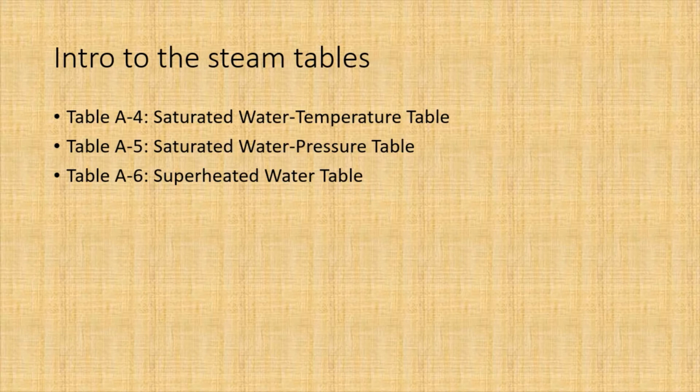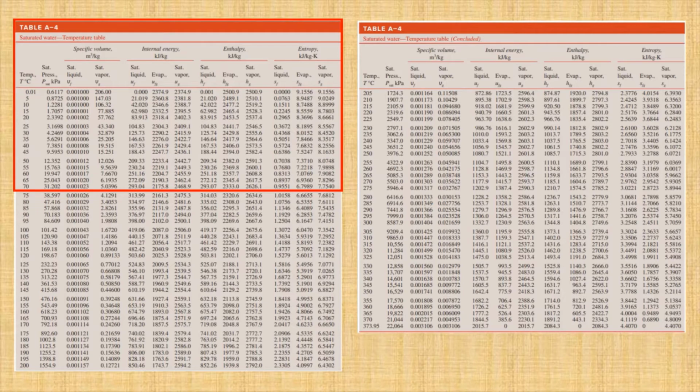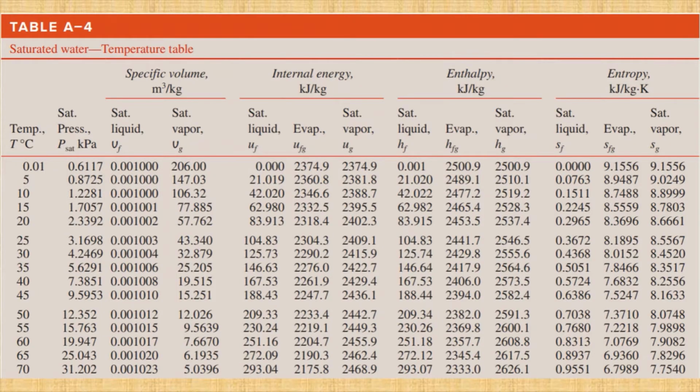Let's look at table A4 first. The actual table is 2 pages and looks like this. But to make the explanation clearer, we will use this part of the table. Here is the part of the table we will use. The leftmost column contains various temperature values in the saturated mixture region.